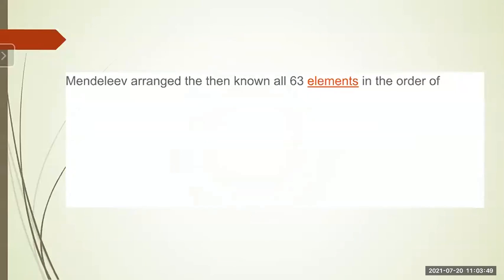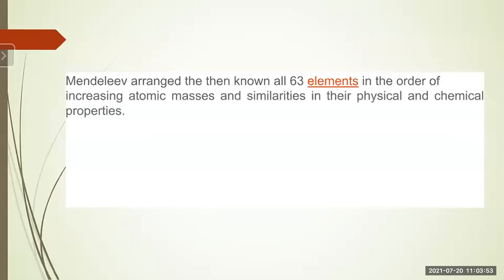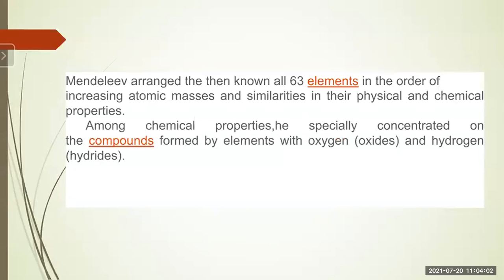So Mendeleev arranged all the then known 63 elements in order of increasing atomic masses and similarities in their physical and chemical properties. Among the chemical properties, he specially concentrated on compounds formed by the elements with oxygen and hydrogen.